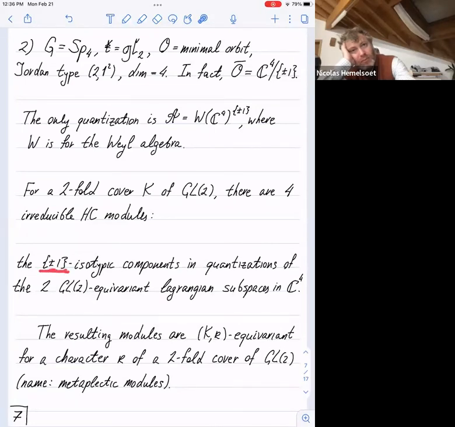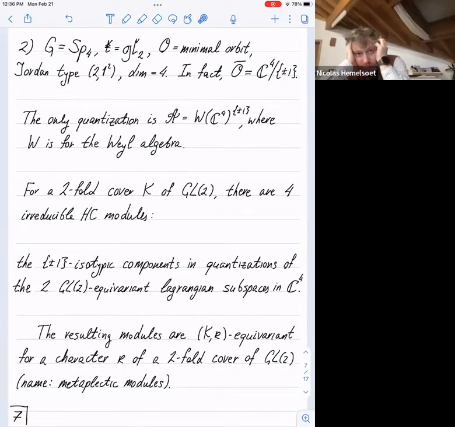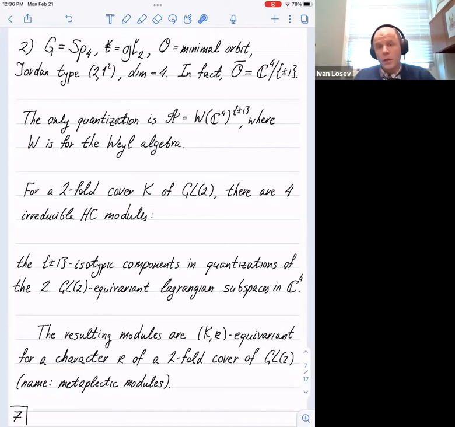And on this quantization, I still have an action of plus minus 1, so I can take isotypic components. And so in total I get 4 irreducible modules. And they're only going to be equivariant with respect to the twofold cover of GL2. Why? They're weakly equivariant with respect to GL2, all right. But if you want strong equivariance, you will need to take 1/2 of determinant to the -1 as a character. All right. So these are examples that actually play a very crucial role in the general theory. So we should keep them in mind.